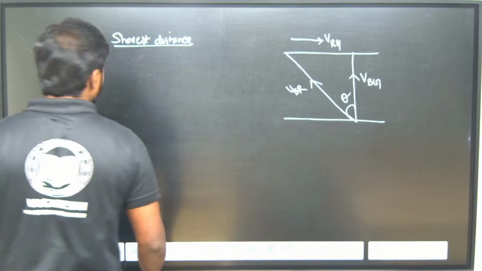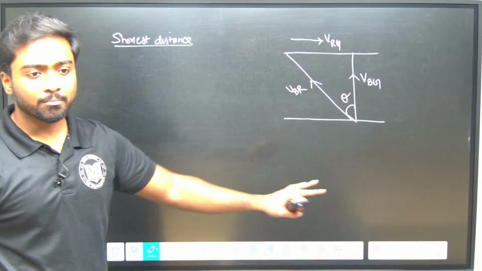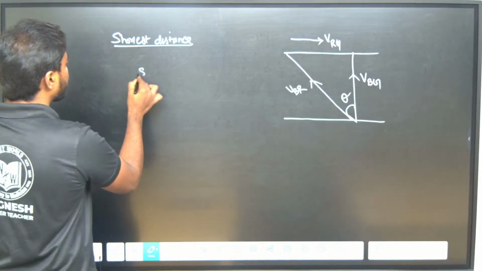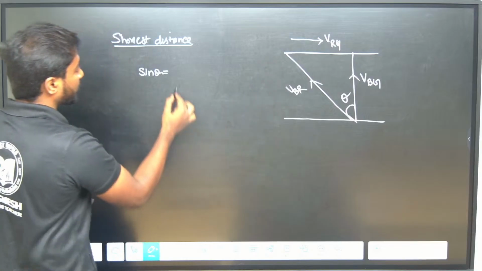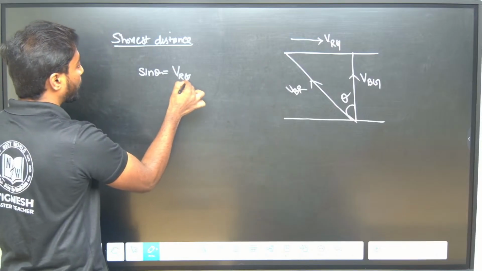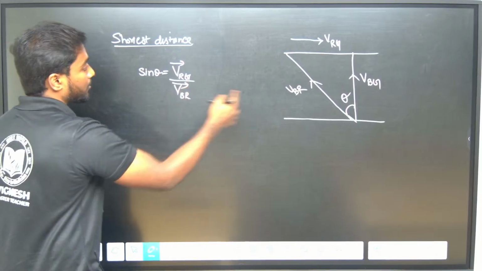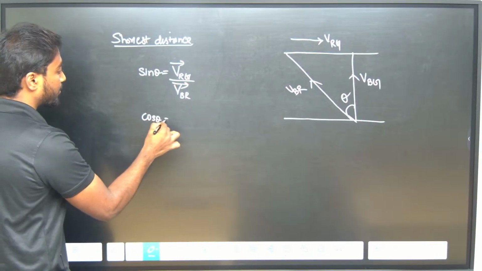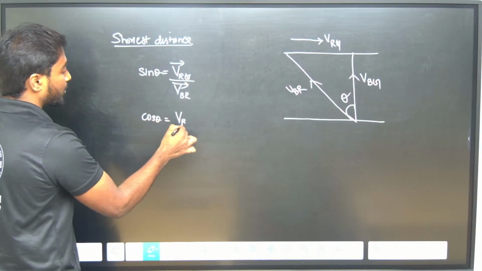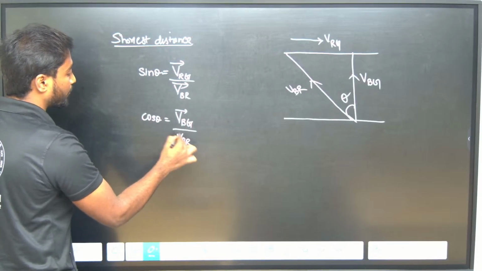So now what should we do? I should take the trigonometric ratios. So sin theta equals opposite by hypotenuse: velocity of the river with respect to ground divided by velocity of the boat with respect to river. This is my hypotenuse. Cos theta equals velocity of the boat with respect to ground divided by velocity of the boat with respect to river.